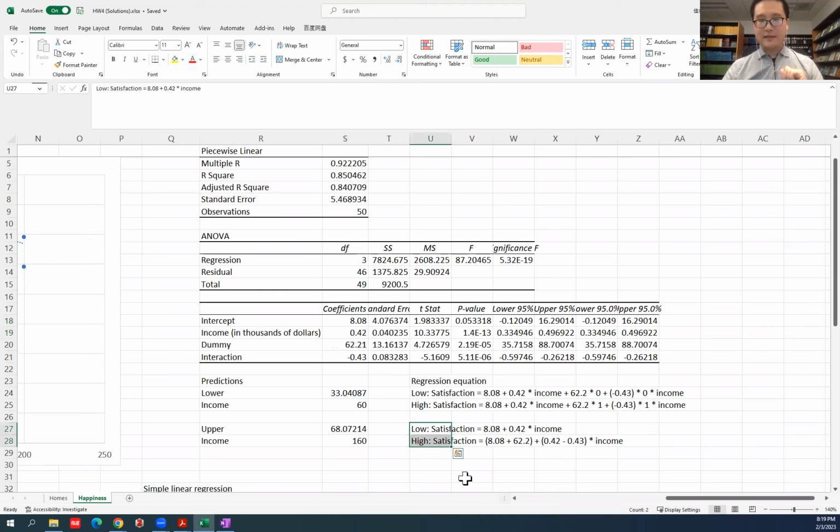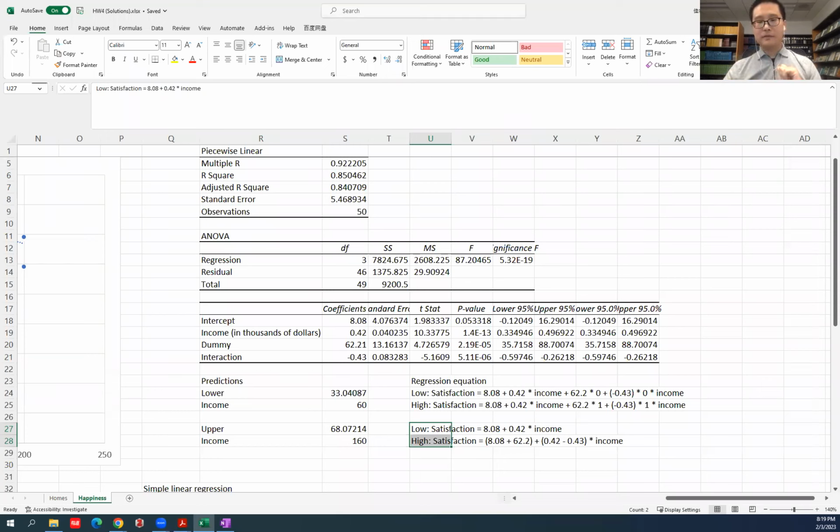First, the impact of income on life satisfaction is represented by the slope of income, as shown in these 2 simplified regression equations after canceling the terms where the value is already known to be 0.